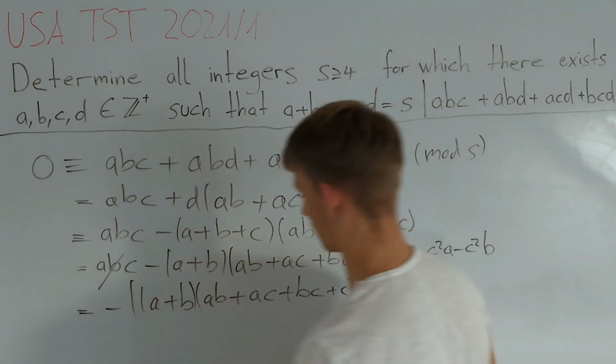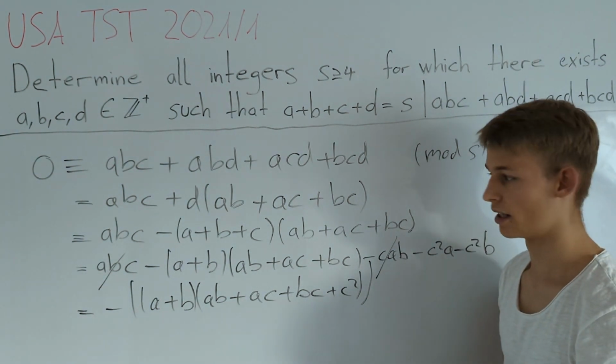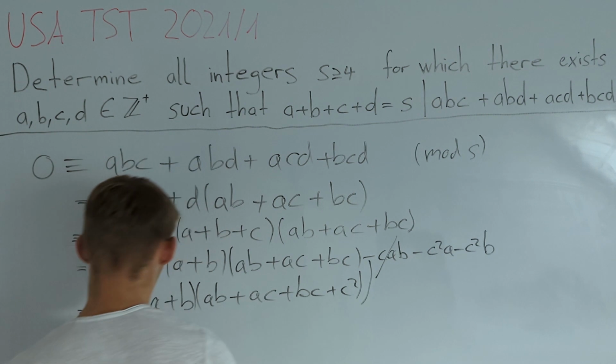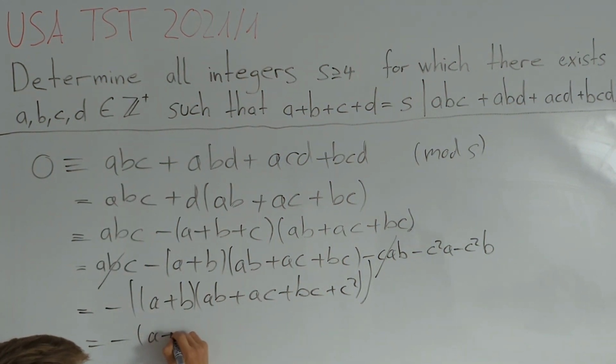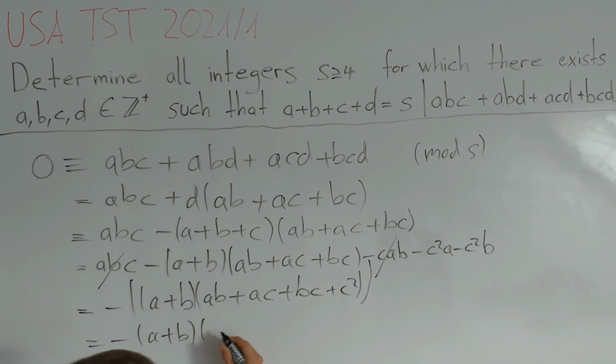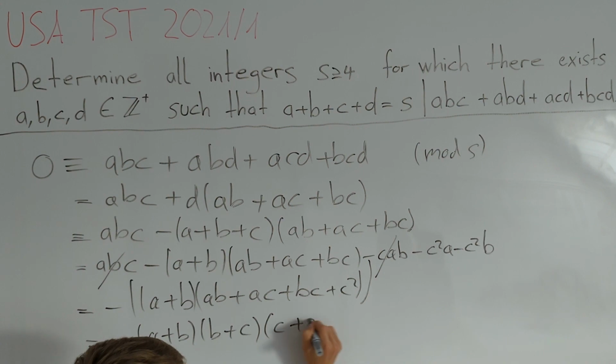Now we see that ab plus ac plus bc plus c squared is (b plus c) times (a plus c), and therefore this is negative (a plus b) times (b plus c) times (c plus a).